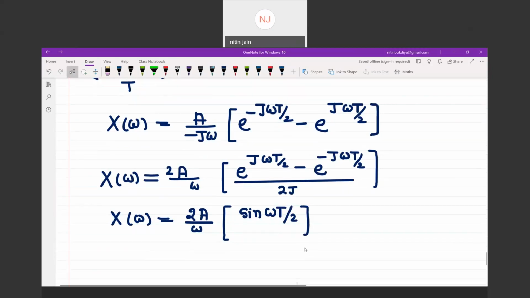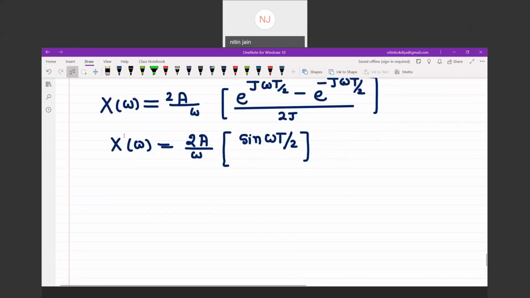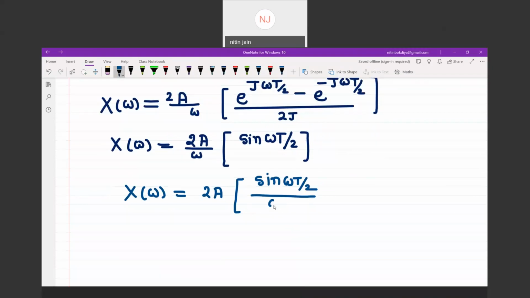Or you can write this function as x of omega equal to 2a multiplied by sine of omega T divided by 2, divided by omega, with a 2 as well. The 2 in the numerator I removed from here, and I am multiplying it by T. So this is T, and you know that this is what? You know that sinc of x is how much?